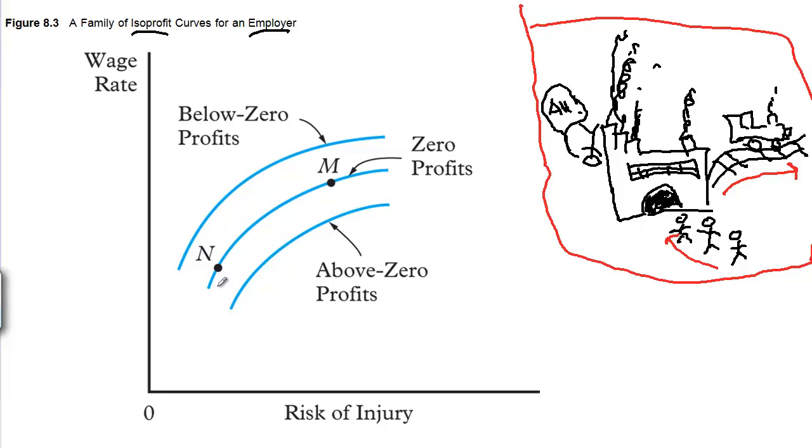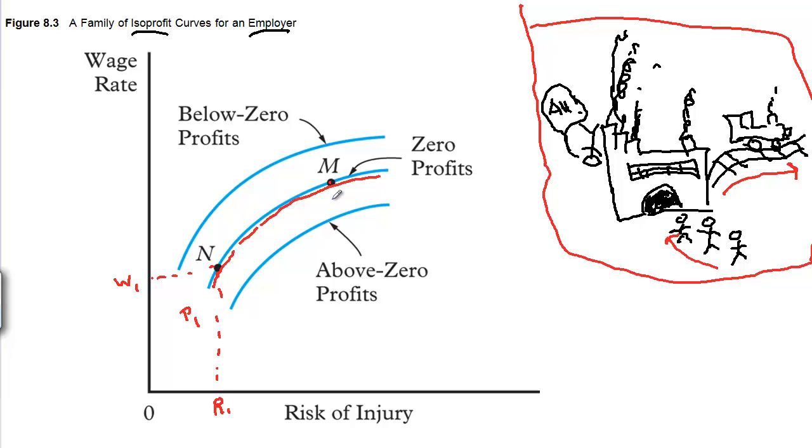Let's just look at this curve right here, and we'll call that curve P1. And what this curve says is that there are different combinations of risk, say for instance R1, and wages that that employer is going to have to pay, say W1.